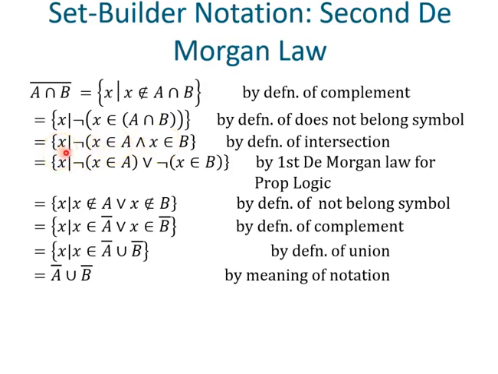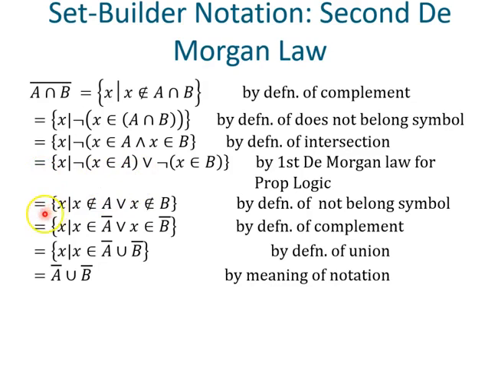And here, when x belongs to the intersection, x belongs to A and x belongs to B. So we can replace this with the negation of x belongs to A and x belongs to B. We have equal sets. Then negation of conjunction by the first De Morgan law is equivalent to disjunction of negated propositions. So we have equality here.